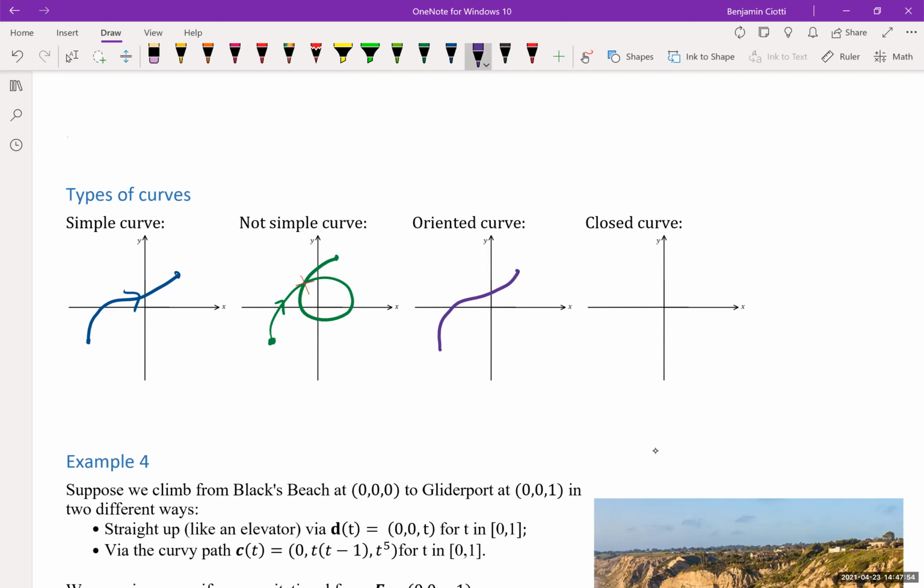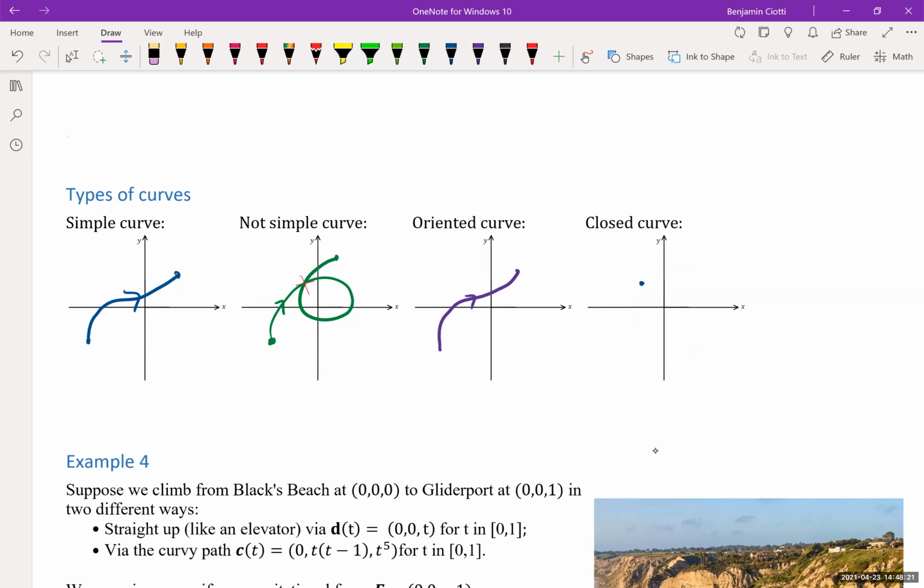Oriented curves have a direction. An oriented curve is just a curve that someone also said there's a direction on. We sometimes indicate them with little arrows. And finally, a closed curve is one that forms a loop. It ends where it started.